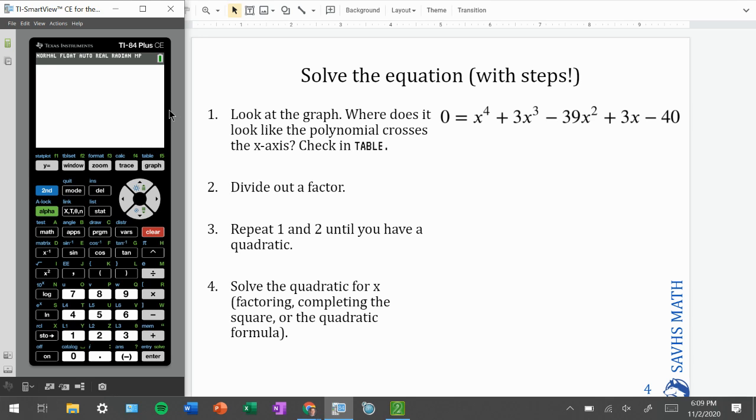Okay, so I'm going to start with this equation. And what I'm going to do is type in just this part of the equation.